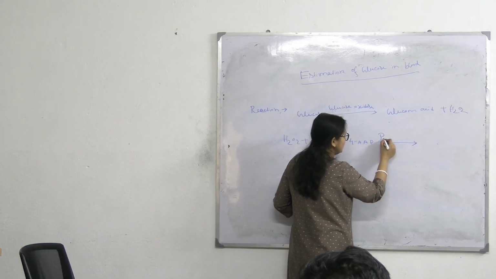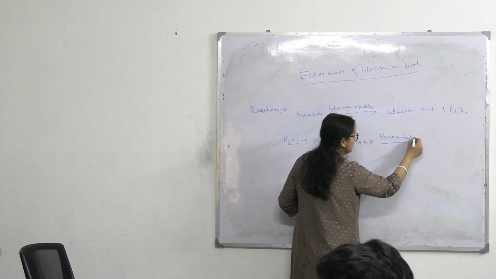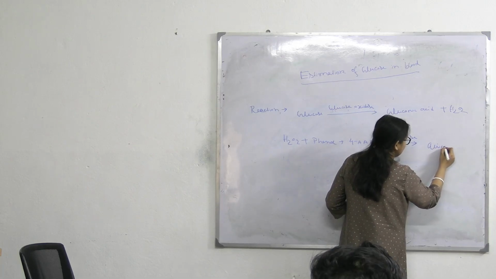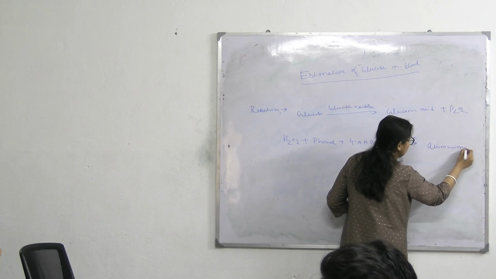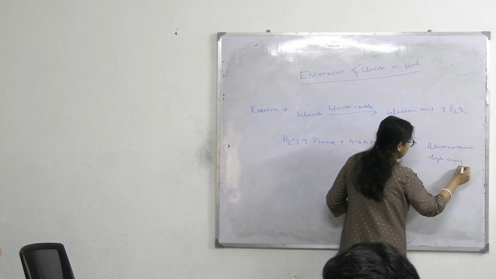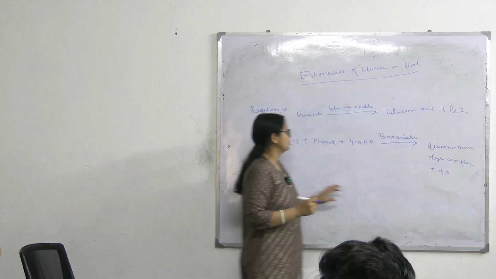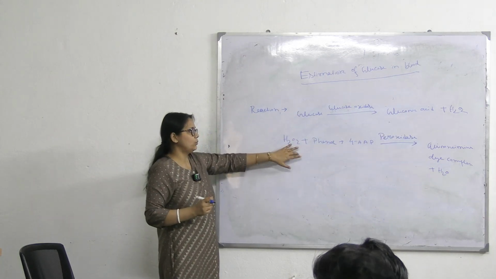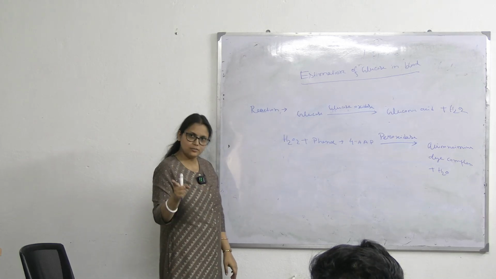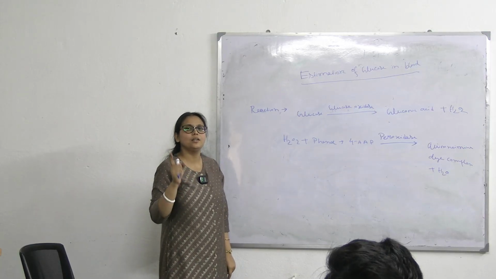The enzyme is, in next step, enzyme peroxidase, and the product is quinoneimine dicomplex, and water will be produced. ঠিক আছে, এটা কিন্তু ধরবে এক্সামে। গ্লুকোজ in presence of glucose oxidase, gluconic acid plus hydrogen peroxide plus phenol plus 4-amino antipyrine.